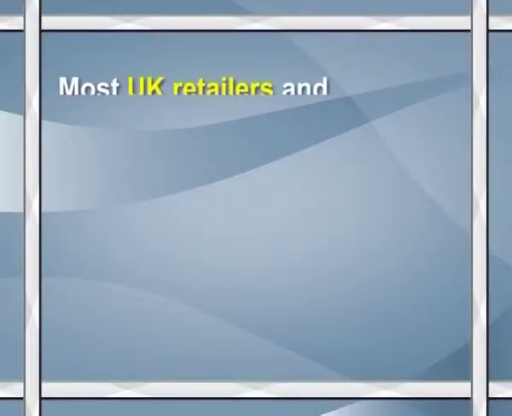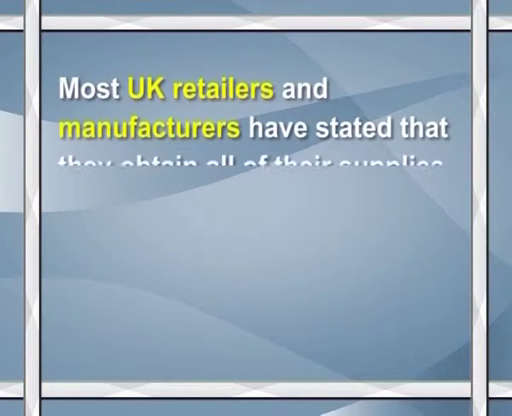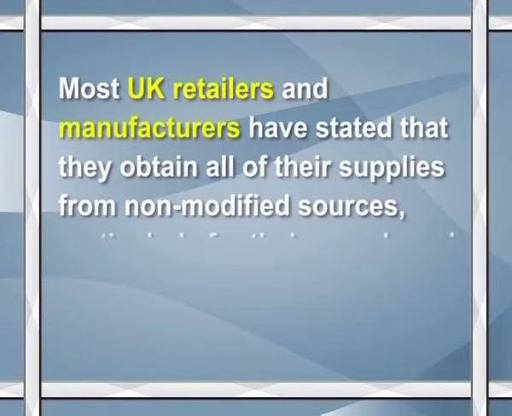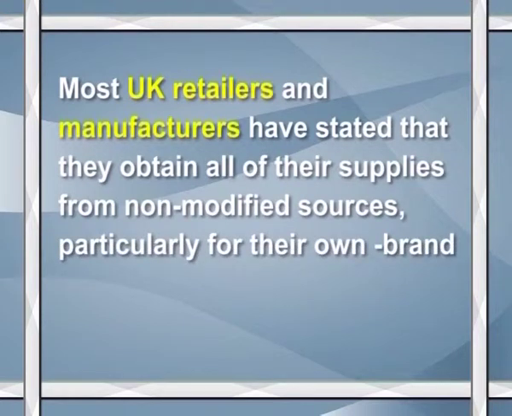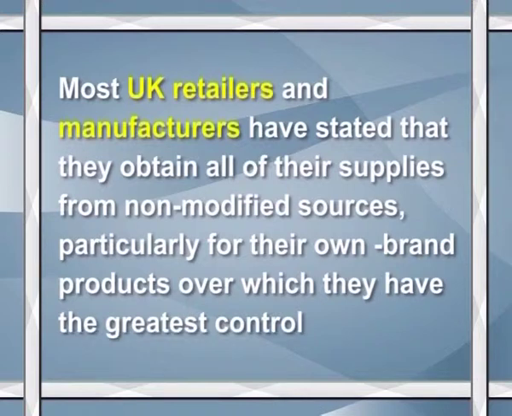Most United Kingdom retailers and manufacturers have stated that they obtain all of their supplies from non-modified sources, particularly for their own brand products, over which they have the greatest control.